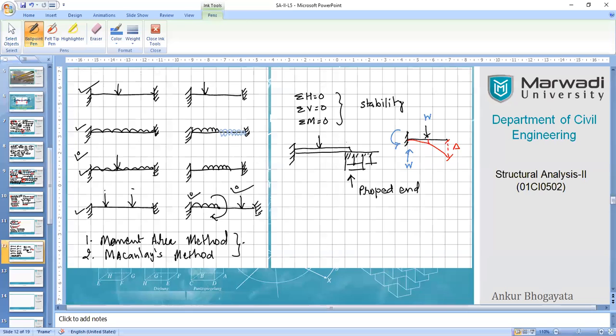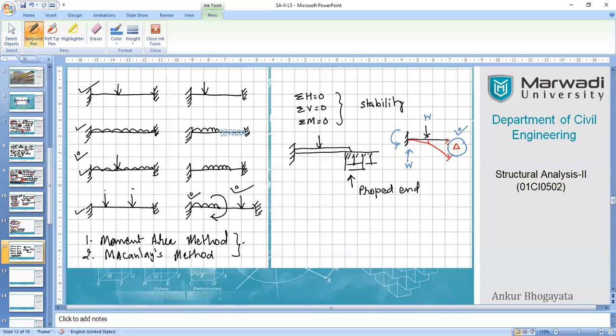Now, when you provide this kind of support at the far end or free end of the cantilever, you are basically restricting this movement. Please understand, you are stopping this from happening. That means you are not allowing your structure to undergo this level of deflection. Why does it happen?